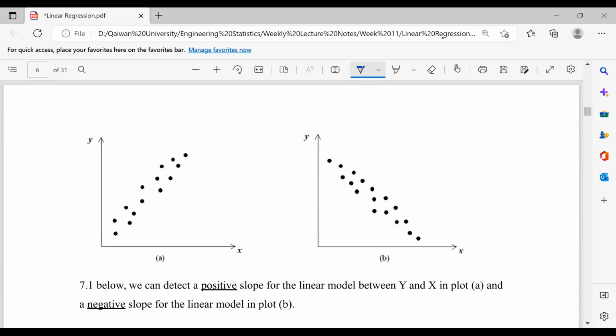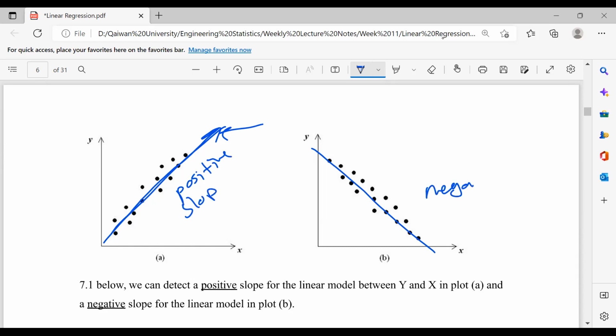If we draw a line like this, in this direction, we say it's positively correlated. But in this direction, it's negatively correlated. We have a positive slope here, and a negative slope here.